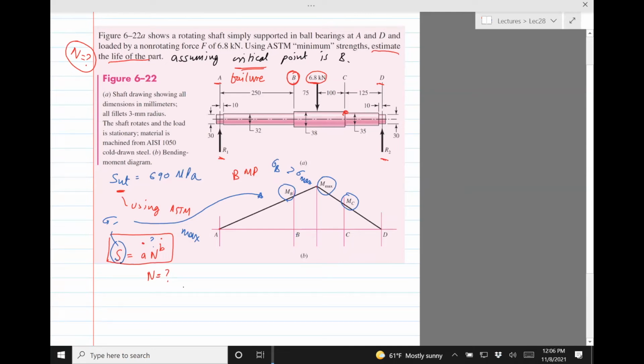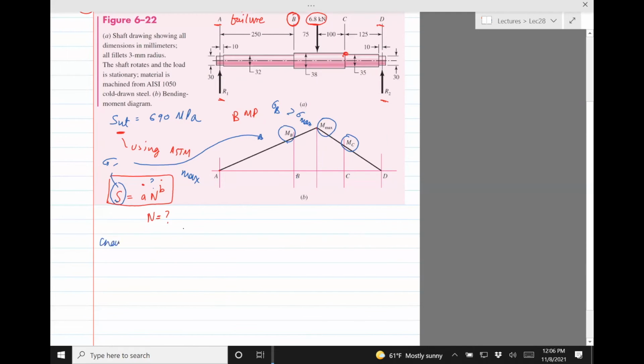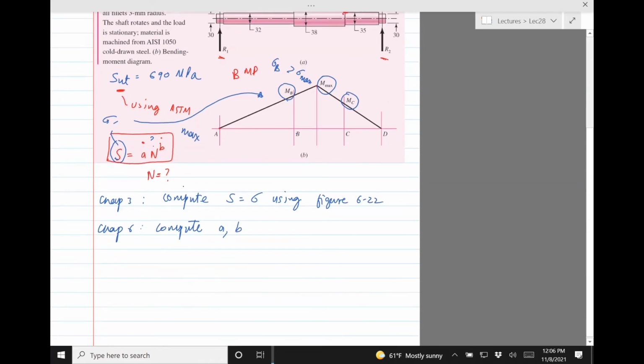Okay, so two parts. One is the things we've done in chapter 3: compute S, which is equal to sigma, using figure 6.22. And then some parts is chapter 6, which we're doing right now, where we'll compute A and B in this formula.